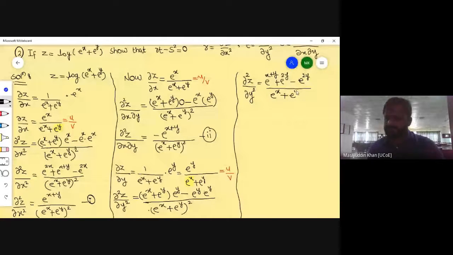Further we write dou square z by dou y square is equal to e raised to x plus y upon (e raised to x plus e raised to y) raised to power 2. This is equation number 3.